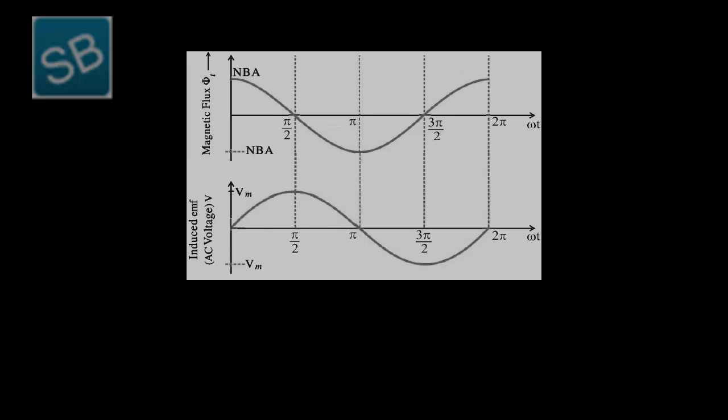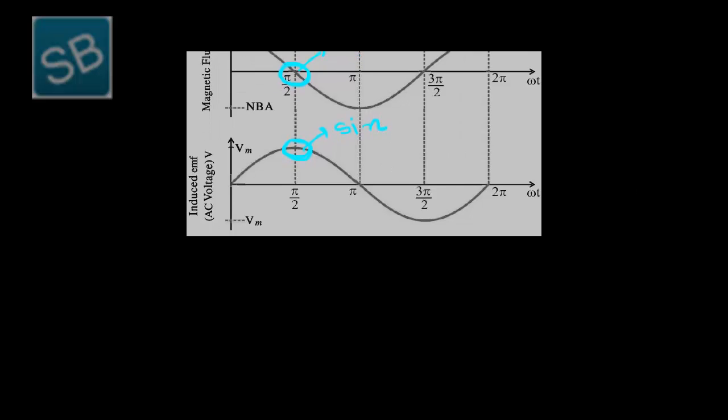Now see, if you want to see the actual reason for having this graph, we will do such analysis, but this is the actual graph. At pi by 2 the function is becoming 0, so this can be the cosine type of nature, and at pi by 2 the value is maximum for the other graph. So this graph can be said to be of sinusoidal nature.